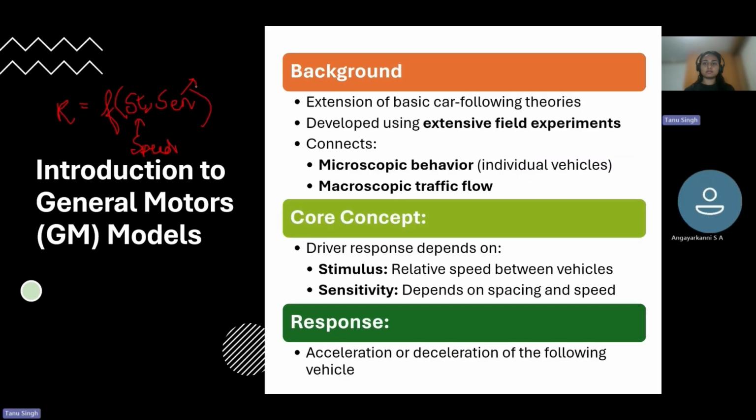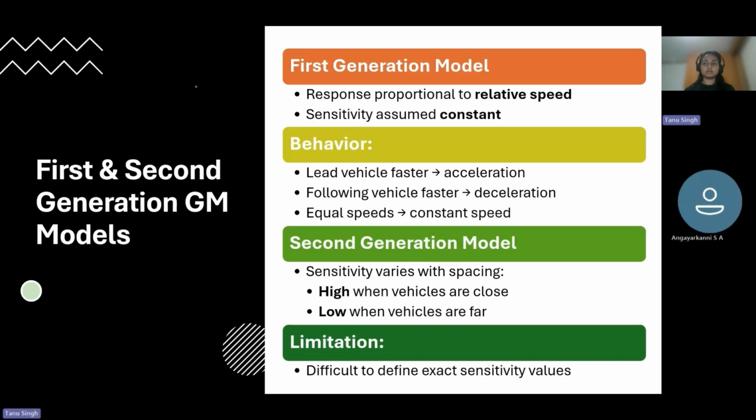So the General Motors model has generational models. First we will discuss the first generation model. In this model, the response of the following vehicle is directly proportional to the relative speed, and sensitivity is assumed to be constant.